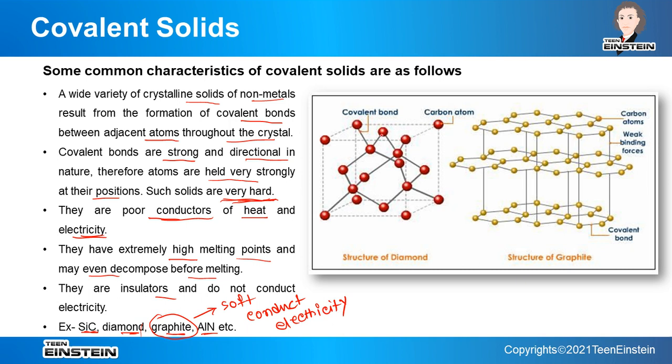Structure of diamond, if we see, there is a covalent bond between the atoms. But if we look at the structure of graphite, here surrounding each atom, the number of atoms attached with this atom is 3: 1, 2, 3. But if you look at diamond, then each atom has 4 atoms surrounding it.